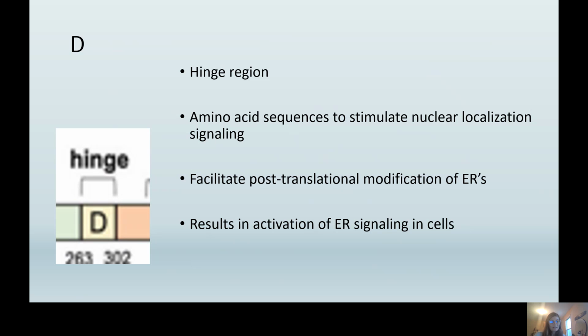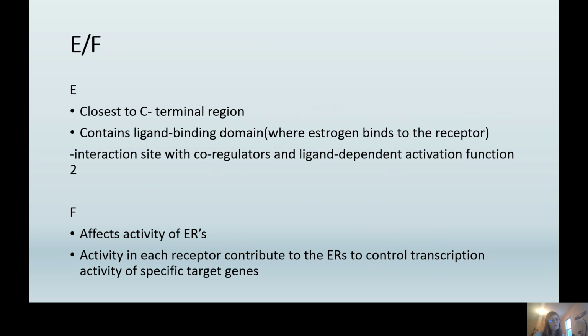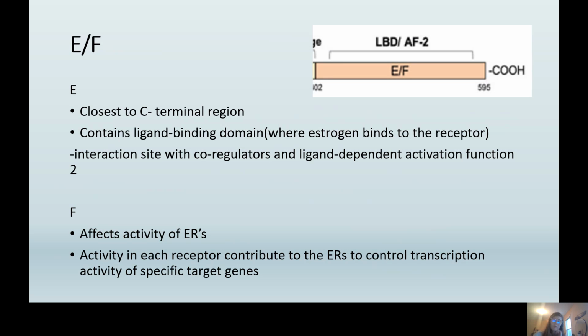This results in the activation of estrogen receptor signaling in cells, which leads to the next domains, which are E and F. The E domain is closest to the C-terminal region. In the picture, as you can see, it's highlighted in orange, and the LBD stands for the ligand binding domain and activation function 1.